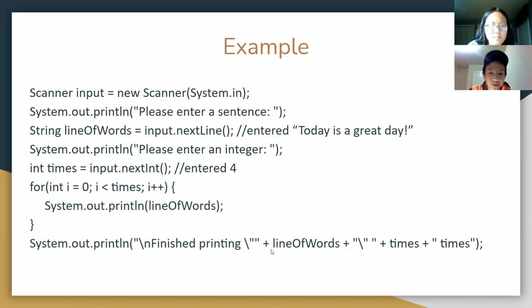All right, and then we just print out a line of words, which is what? Today is a great day. And then plus, we have this \ character again. And then we just add times, which is equal to 4, plus in quotation marks times, so it wouldn't be 4. It would just be like the actual word times.